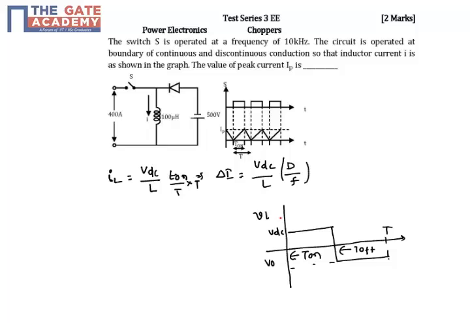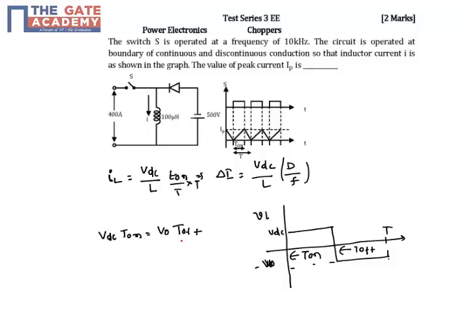Now if you apply volt second balance across the inductor, it will become VDC into T on is equal to V0 into T off. V0 is also given as minus, so I have considered this as minus V0, that means minus 100 is given.